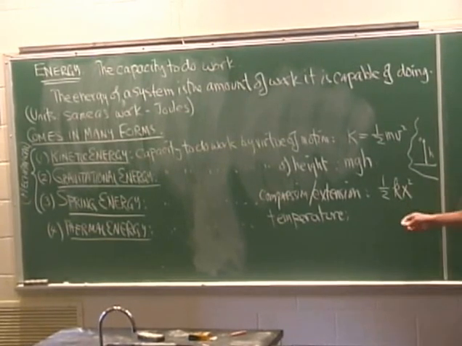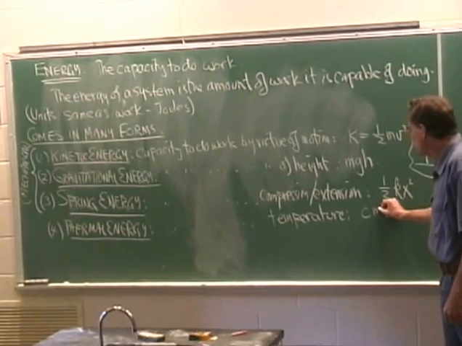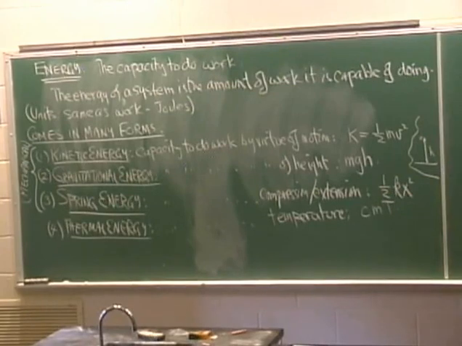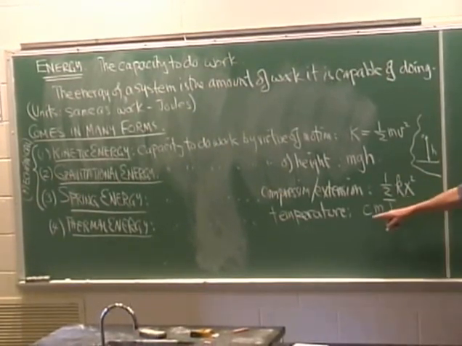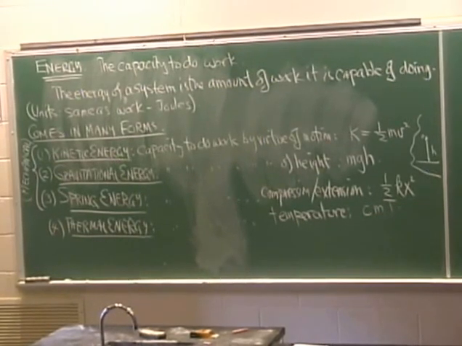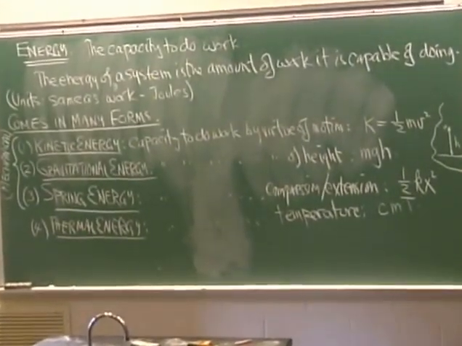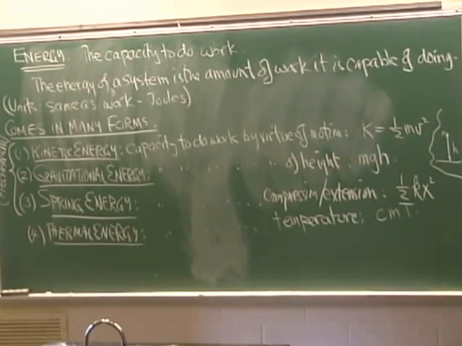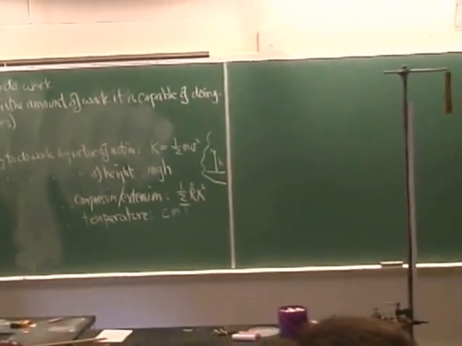It's not a formula we're ever going to be using in the course, but it happens to be proportional to the mass of the substance times the absolute temperature of the substance. So you tell me how much stuff you've got and what kind of stuff it is, that tells you what the specific heat is, and with the temperature, that will calculate for you the total amount of thermal energy contained in that substance. A hot object is capable of doing work for you that the same object cold is not capable of doing. Does that make sense?